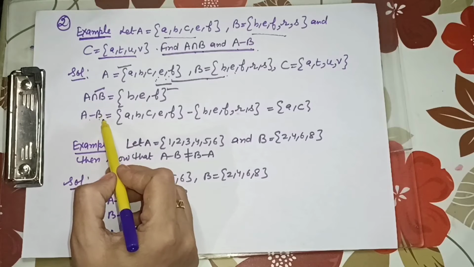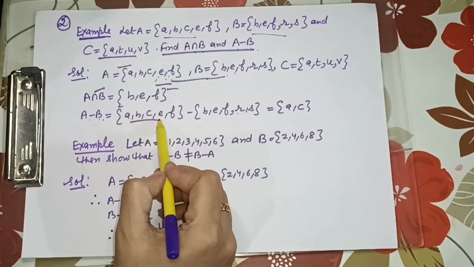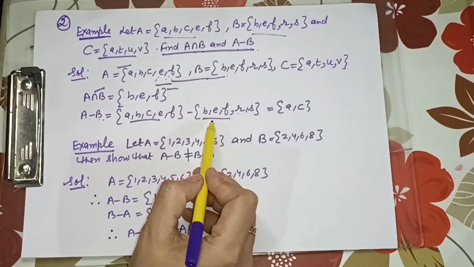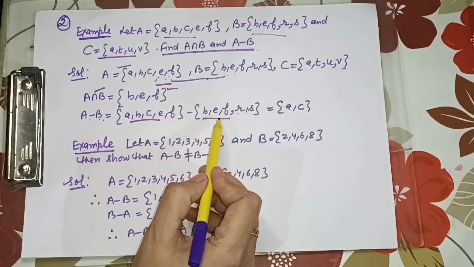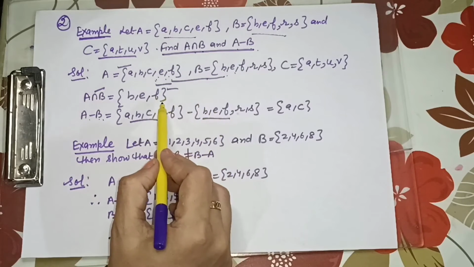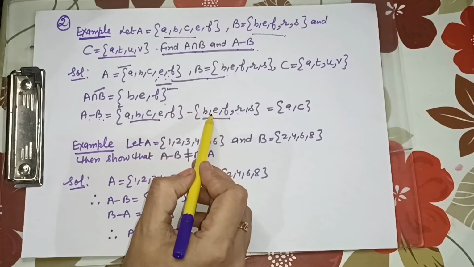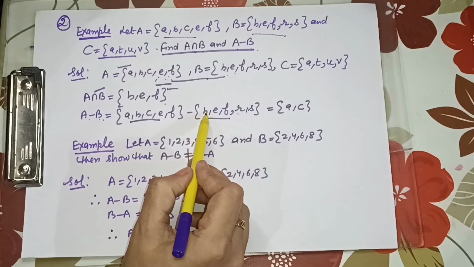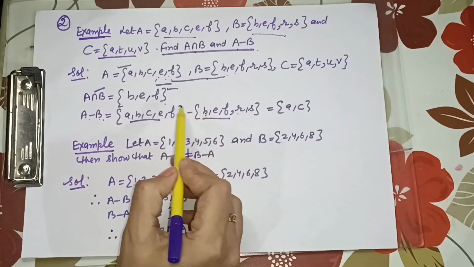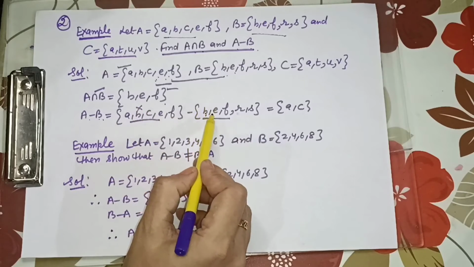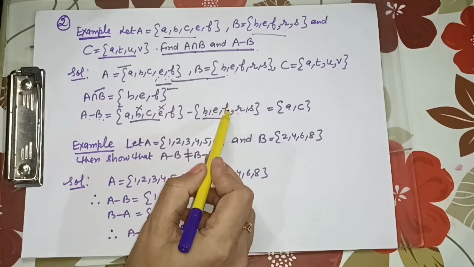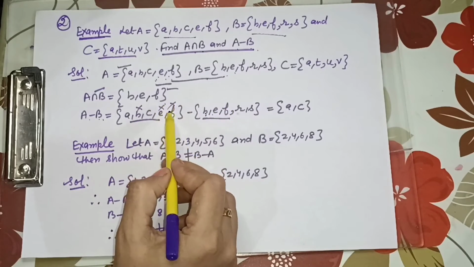Now A difference B means we have to write the elements of A, and then we have to subtract the elements of B which are common in A. That means B I will leave here, E will also leave, and F I will also leave.